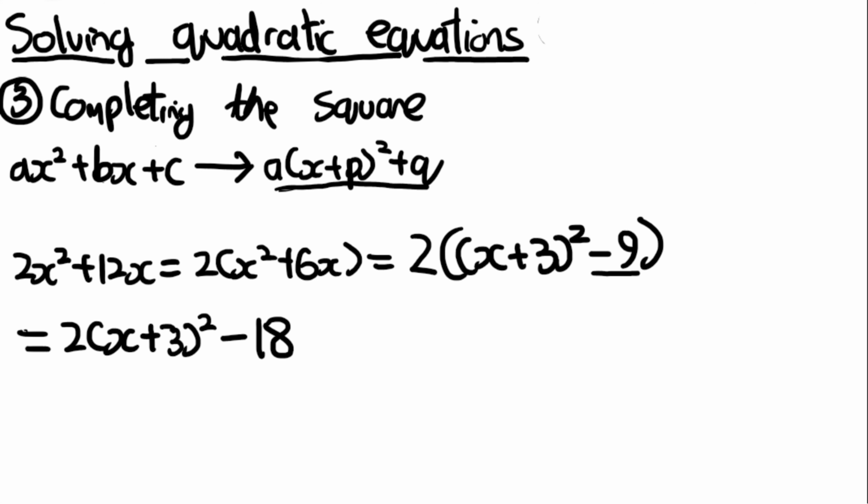And this is a thing that I forgot so much during my A-level, is that when you're completing the square, when the coefficient of x squared is not 1, you need to times the minus 9, the thing that you minus because of the square produced here, by the number out here. I forgot that so many times during my A-level, and I hope that you don't do the same here.